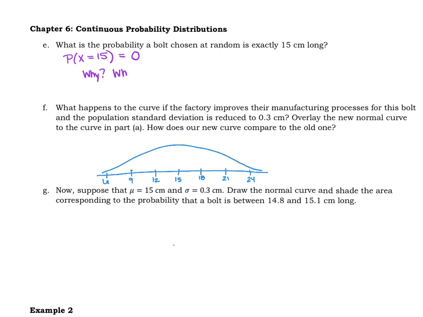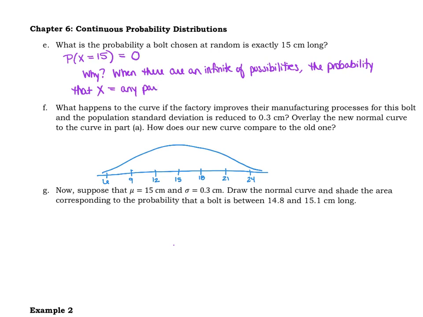However, because there are an infinite number of possibilities, okay, when there are an infinite number of possibilities, the probability that x, the length of a bolt, is equal to any particular value is, practically speaking, 0.